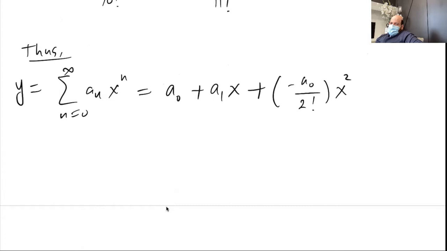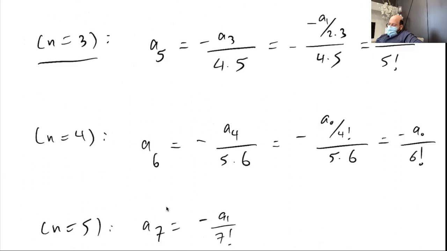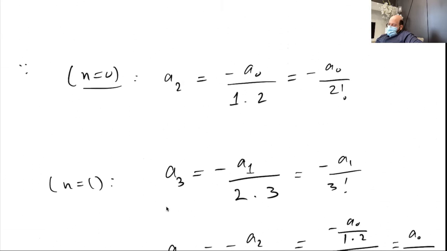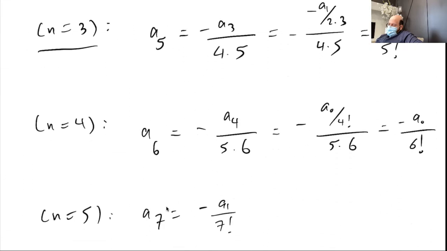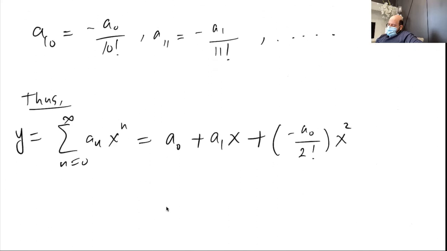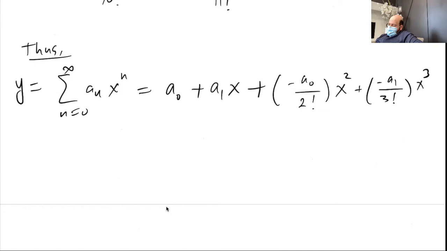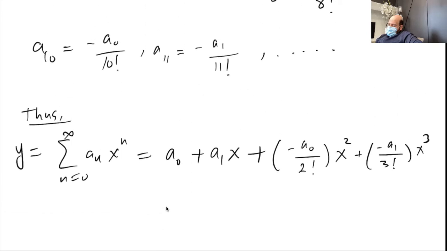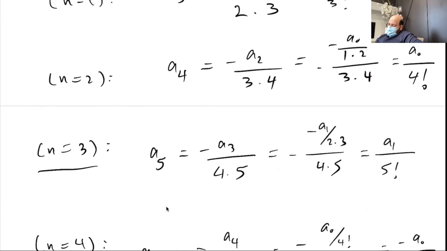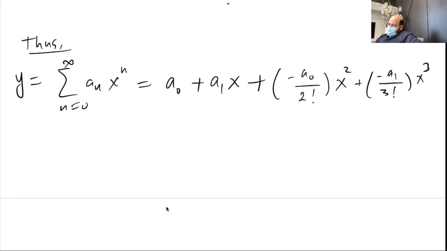And then a3, what was a3? a3 was minus a1 over 3 factorial x cubed. And then a4. So what was a4? a4 was a0 over 4 factorial. So plus a0 over 4 factorial x to the power 4.